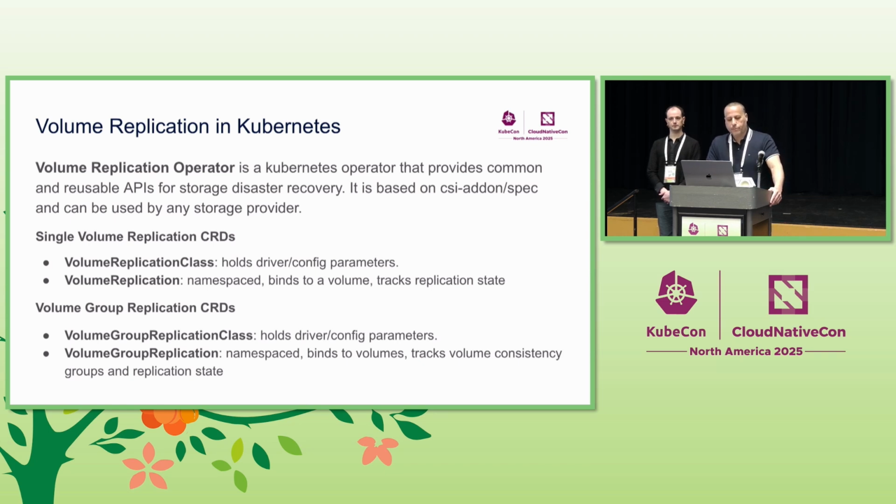We also support volume group replication, and it is the same as the single volume replication. We have two CRs, the volume group replication class and the volume group replication CR, which now handles multiple volumes instead of just a single volume. And that's for consistency groups.